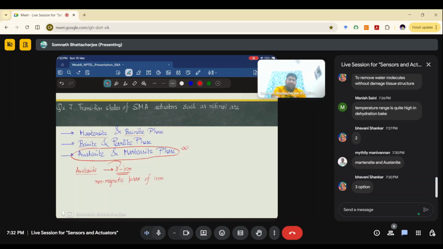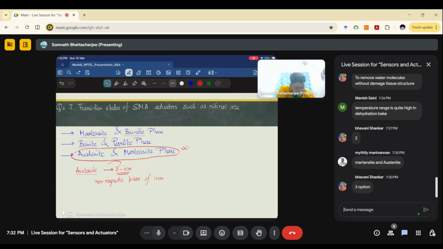So iron has two phases, a non-magnetic phase and a magnetic phase. This non-magnetic phase is known as the austenite stage, where it is known as the gamma iron, and it doesn't have any kind of magnetic properties. It doesn't have the properties to hold magnetism, right?